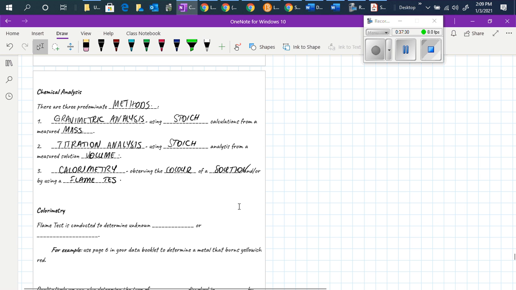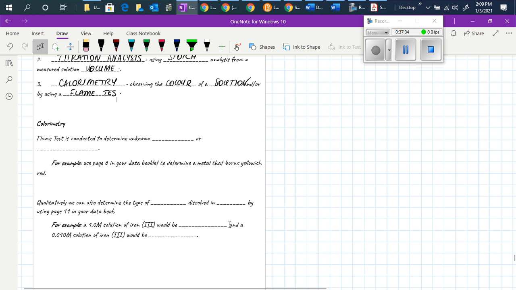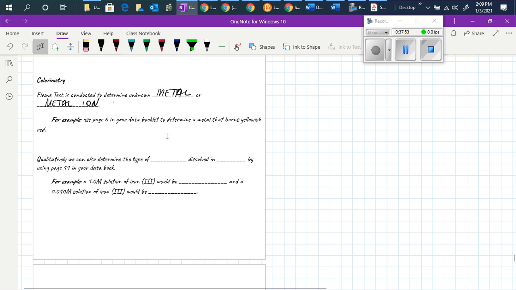Colorimetry flame test is conducted to determine the unknown metal or metal ion. For example, you can use page 6 of your data booklet to determine a metal that is burning yellowish red.